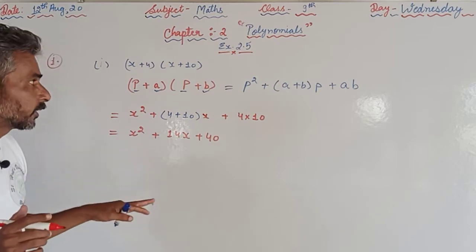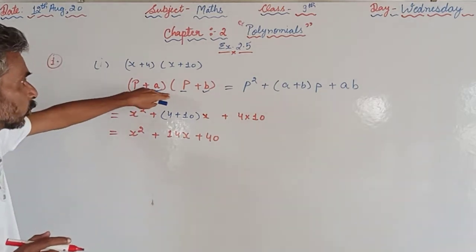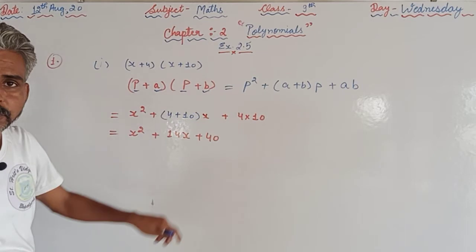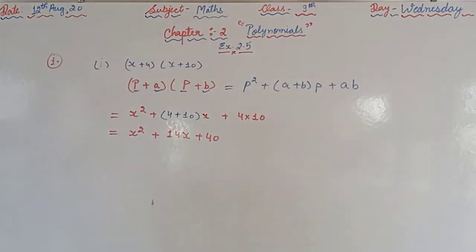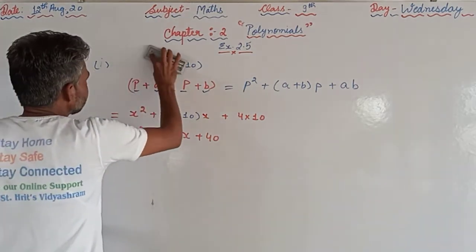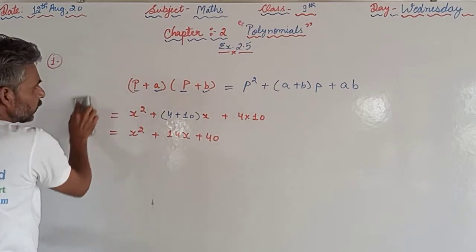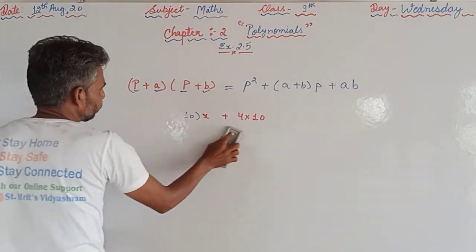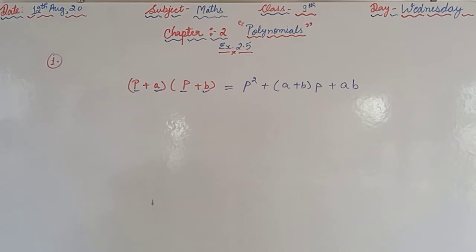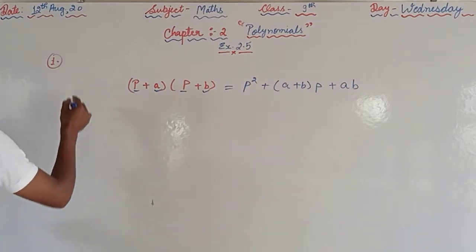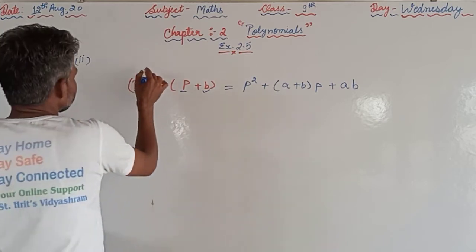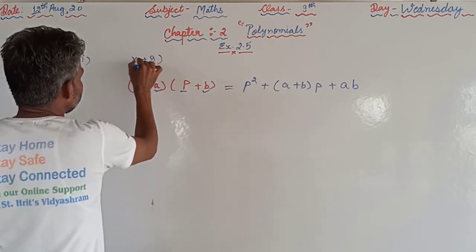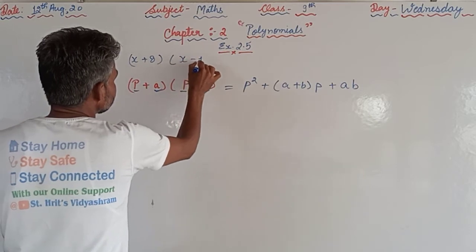This is the identity we are supposed to use, that is (p plus a) into (p plus b) is equal to p square plus (a plus b) into p plus ab. We will use the same identity in the next part as well. The next part is (x plus 8) and (x minus 10).